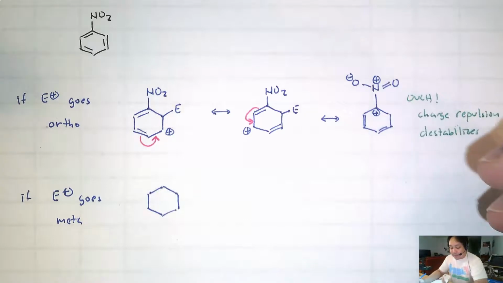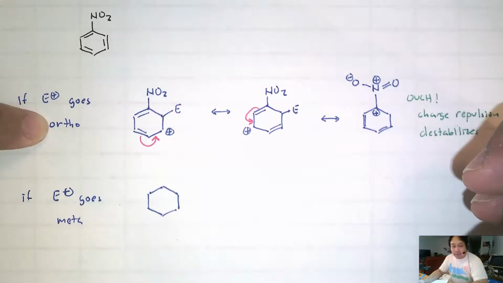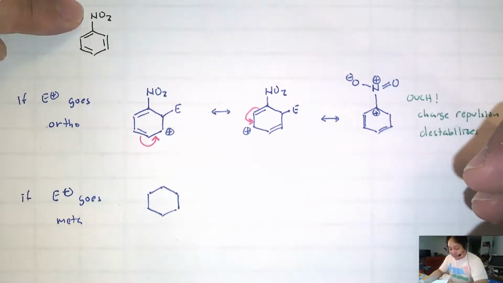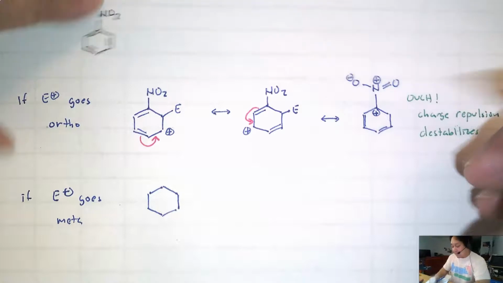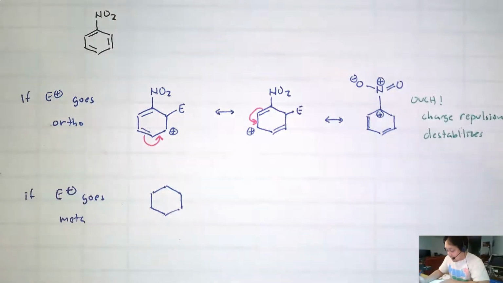And what I meant was it's better for the electrophile to go in the meta versus the ortho when you have a nitro group on benzene. See if you could finish up this line of resonance structures. And then pause, then finish this.